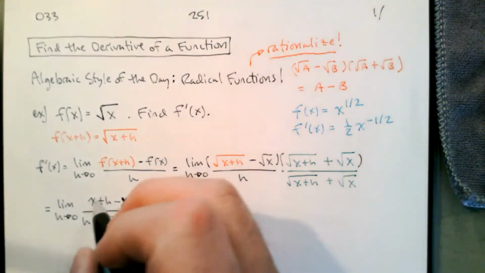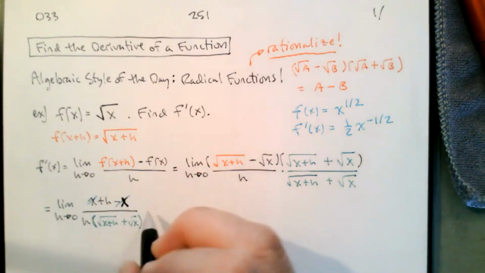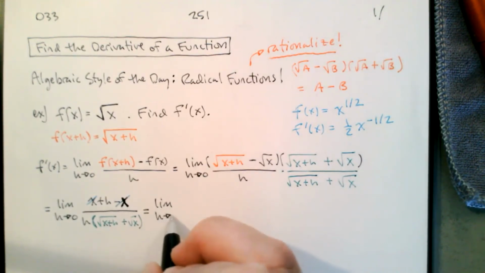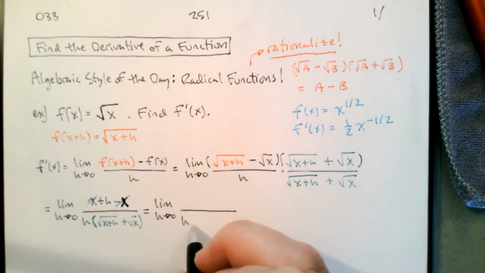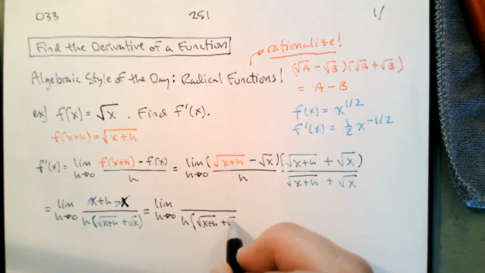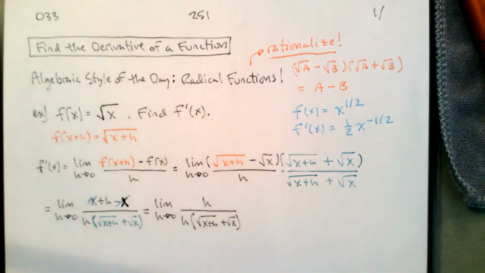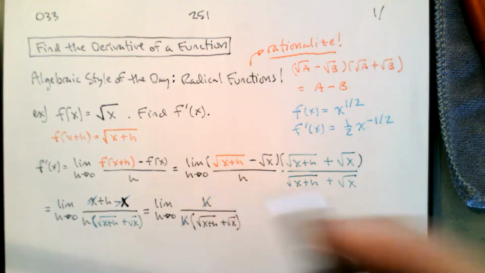So now that the x's will add up to 0, I'll have the limit as h goes to 0. The denominator will be h times the square root of x plus h plus the square root of x. And the numerator is just h. And now what we wanted to happen happens. H divided by h is equal to 1.